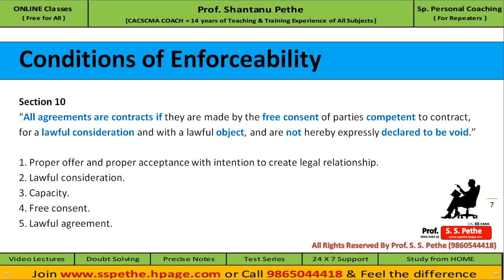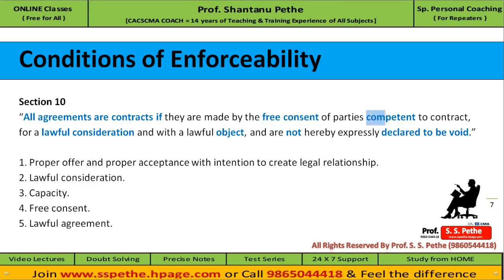Now section 10 clearly says that all agreements are contracts, but after that it puts an if. So an agreement will be treated as a contract if they are made by free consent. So the parties to the contract are giving their consent freely. There is no pressure on the parties to give consent.